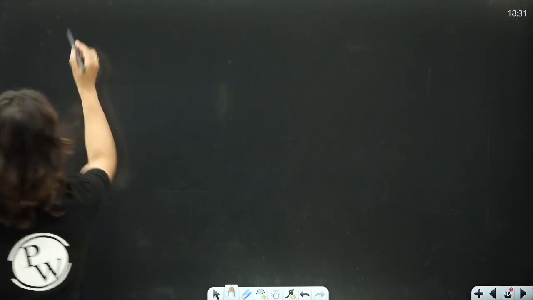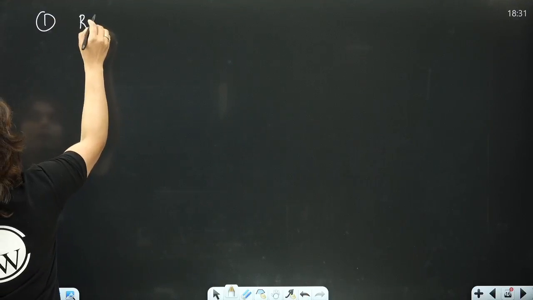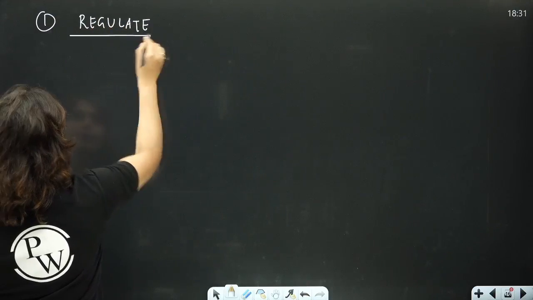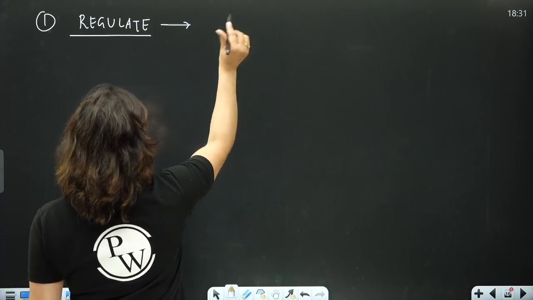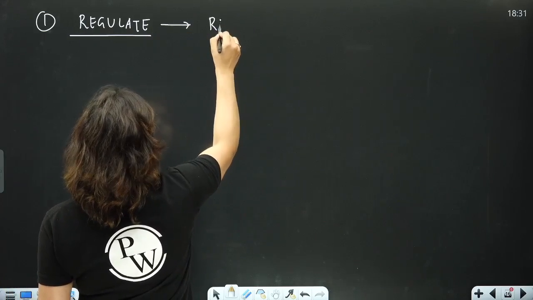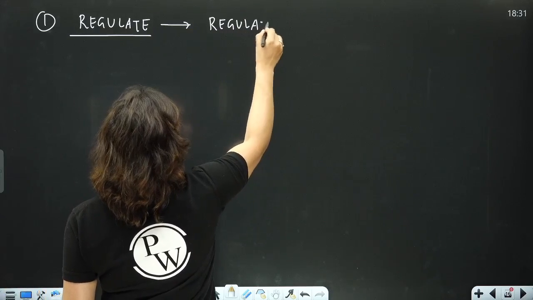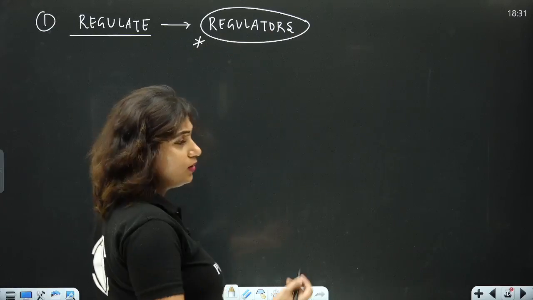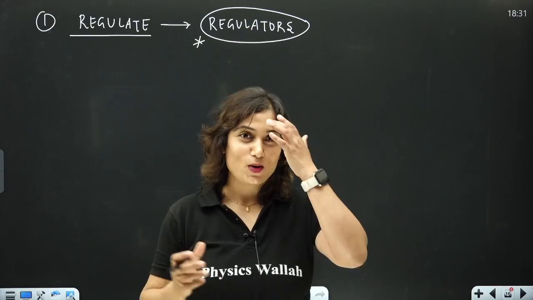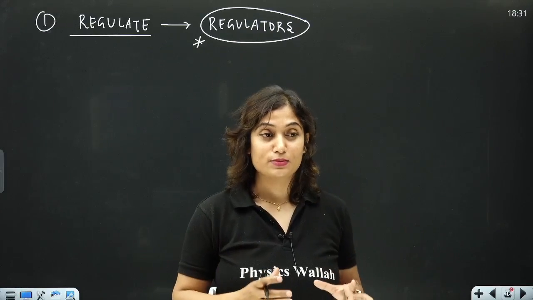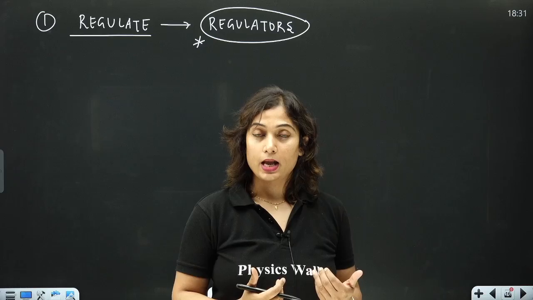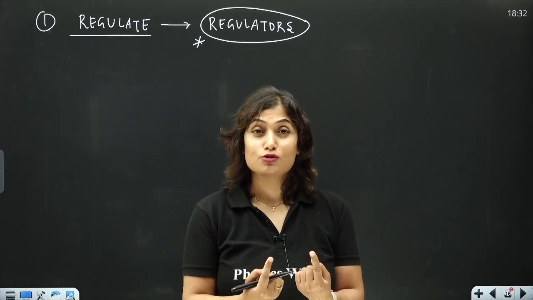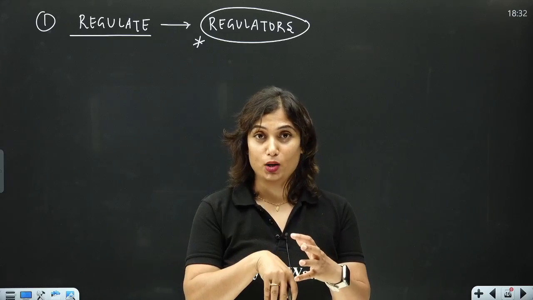First of all, let's discuss what is regulation. What is to regulate, right? Those organisms which regulate are called regulators. So these are the organisms which do not allow the external environment to change their internal environment.